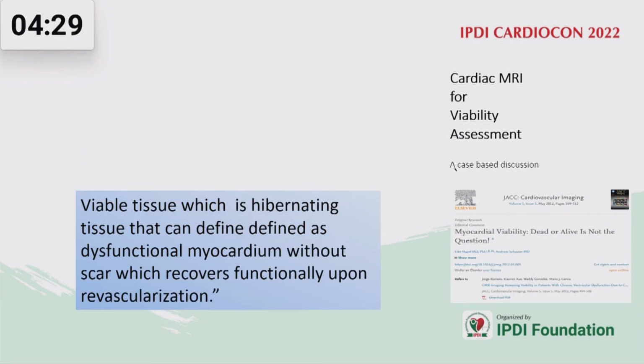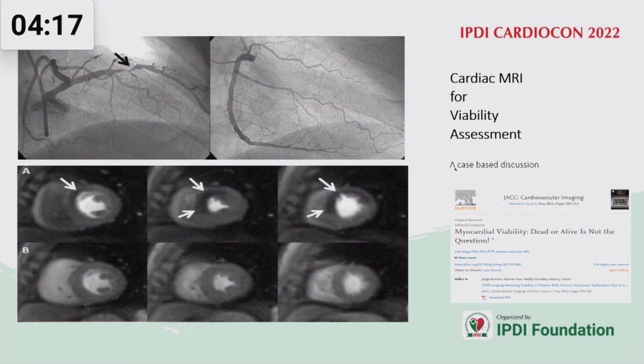JACC also says viable tissue, which is hibernating tissue, can be defined as dysfunctional myocardium without scar, which recovers functionally upon revascularization. Then there is perfusion and the inducible ischemic event after viability; you might have questions about revascularization, but today is not that topic, so we'll talk later on some other occasion.